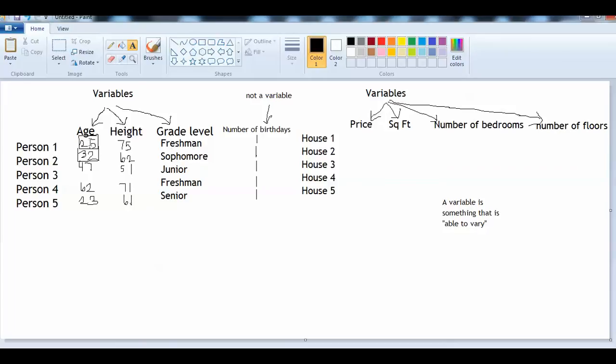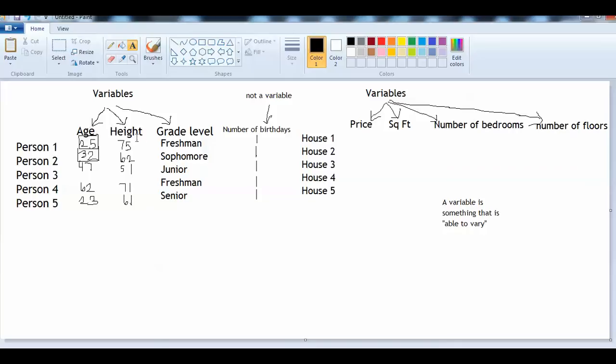So how do we know the difference between a data value and a variable? One way to remember the difference is that the name of the variable is never an answer that a specific person would give you in a survey. So if you asked a person, how old are you? A person would never say, I'm age years old. The reason is because age isn't a data value. It's not a certain person's age. Age is a variable.